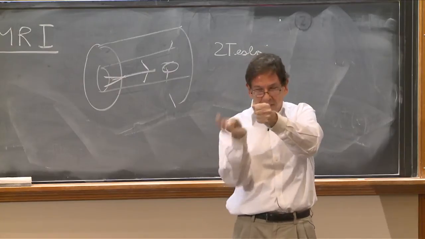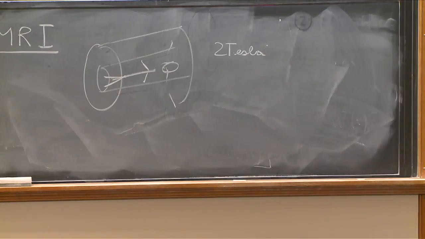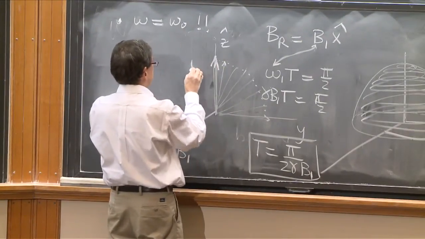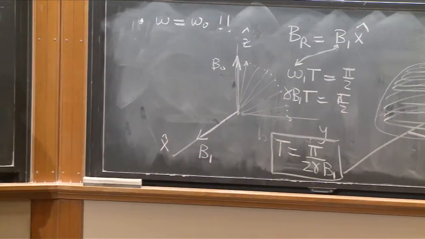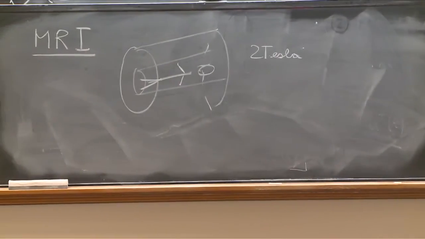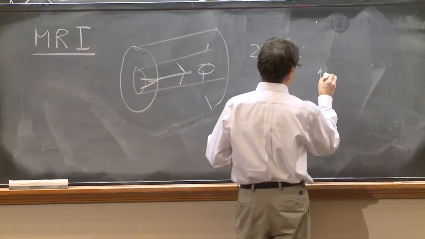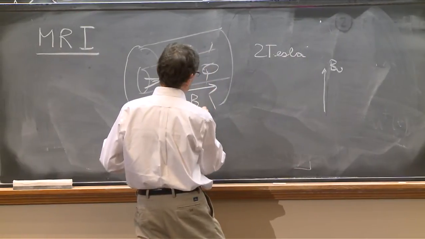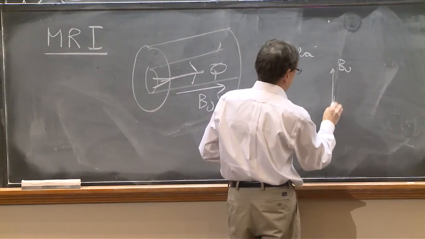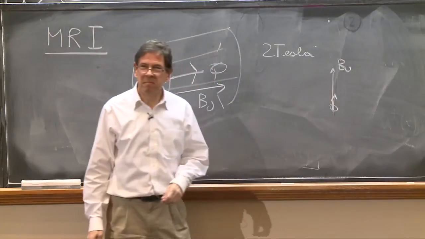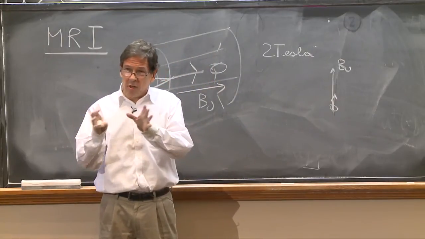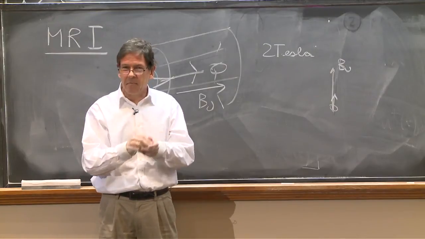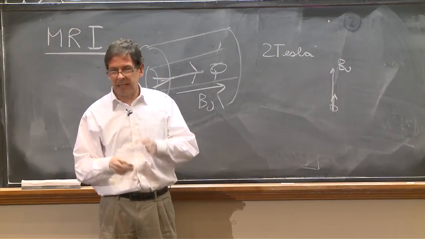It gets roughly aligned to the magnetic field, to this B naught. So the protons get aligned to the B naught that is going in here, so the proton spin is up there. In fact, because of temperature effects, not all of the protons in your body get aligned. Maybe 1 in a million does, but that's high enough.